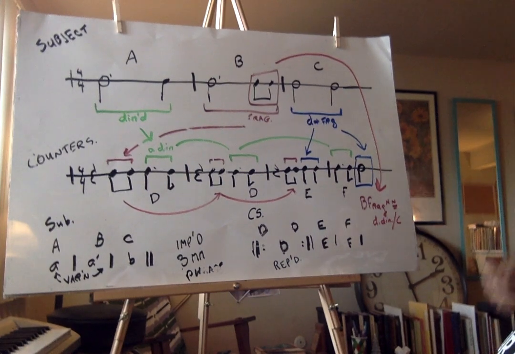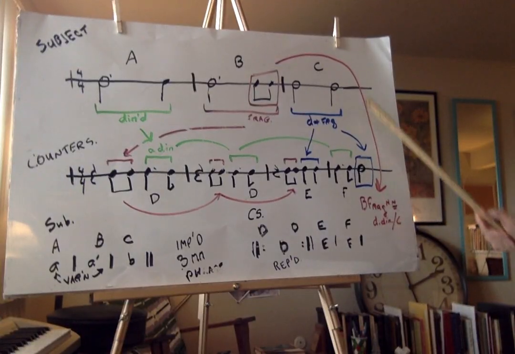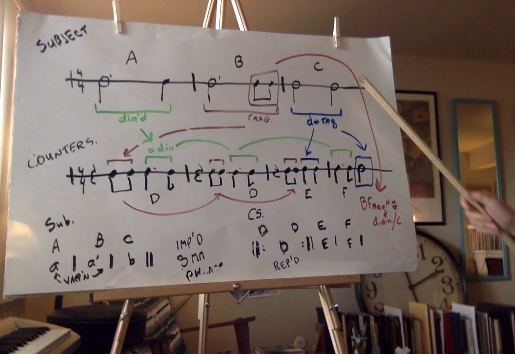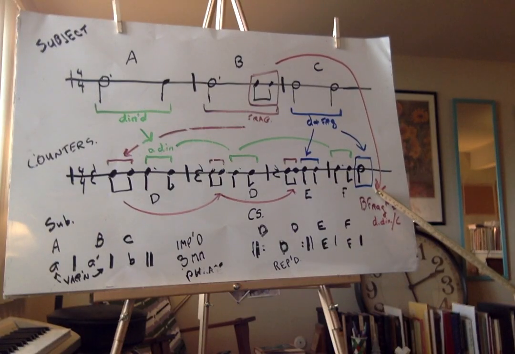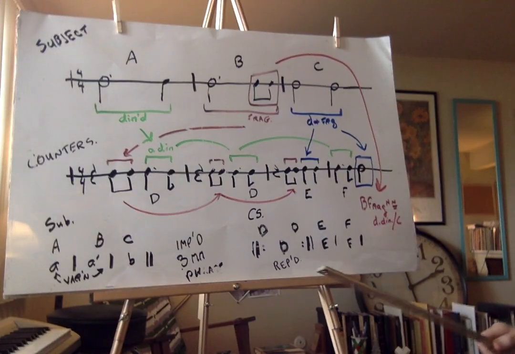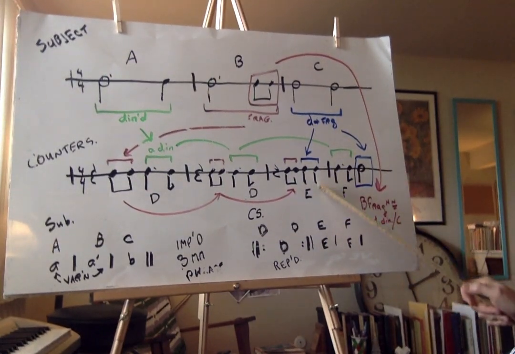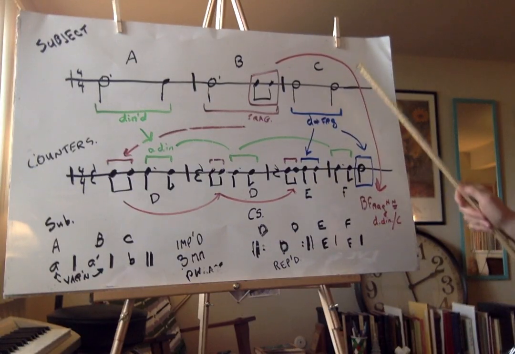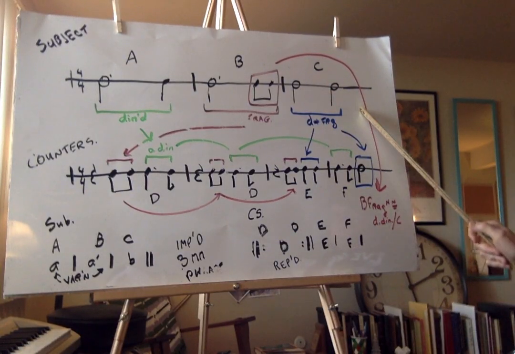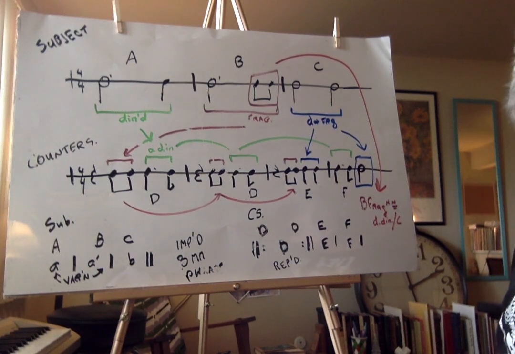Now, you'll notice here, this last half note could almost be thought of as a kind of fragmentation of C, if you want to. But you could also see this as if you take this whole thing C and diminish it down rhythmically, you get these two quarter notes in the countersubject.